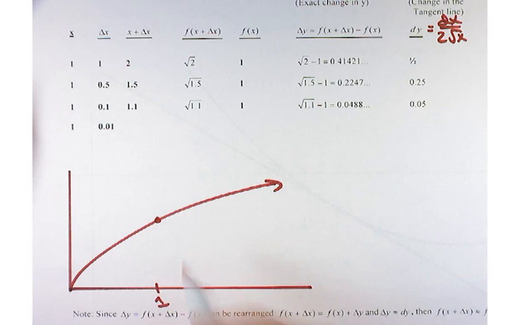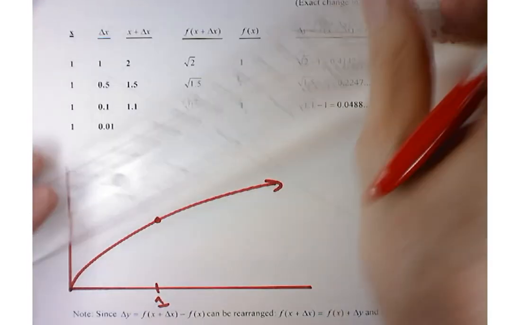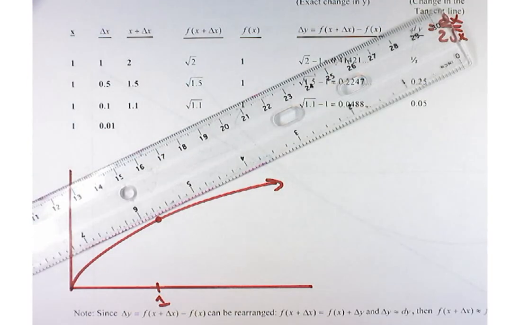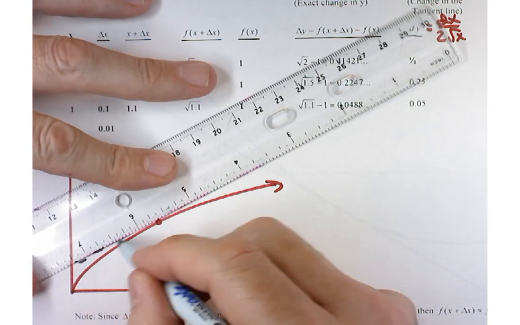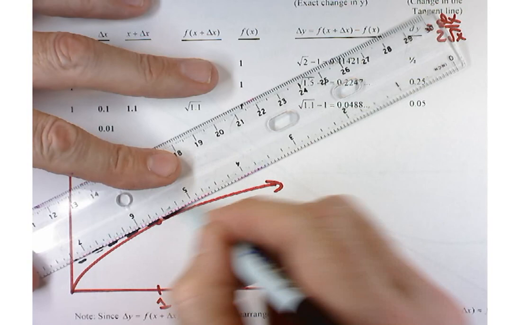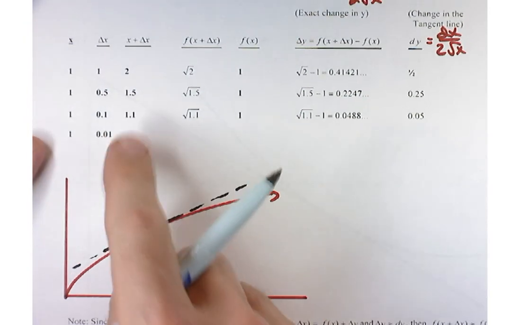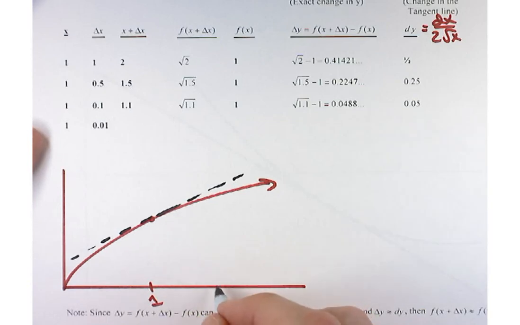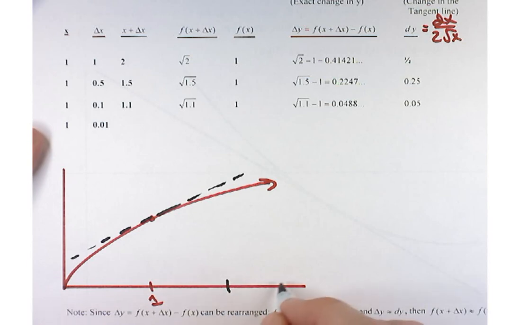So you got x equal 1. But the tangent line is a good estimate of our square root function. And as long as we're close to the point of tangency, say x equal 1, then we should get a close estimate. So what if we look at a nearby point? Say at x equal 2, or 1.5.